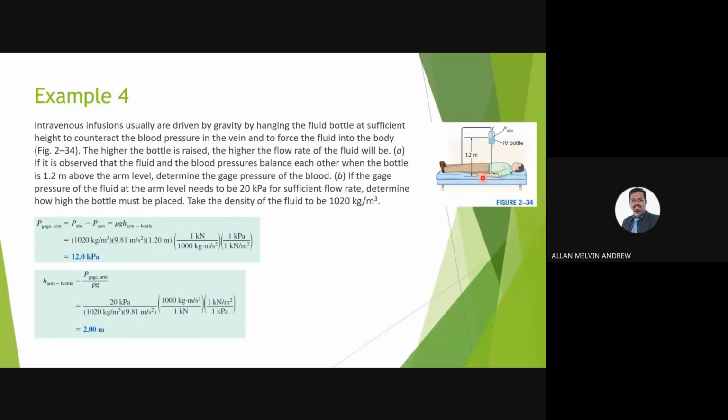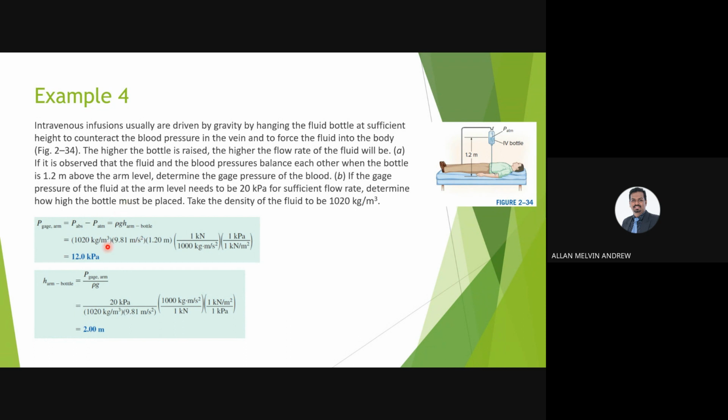We know that it is rho g h, even though it is opposite: arm to bottle. Usually we measure from top to down, but this one we are measuring down to up. When it is the opposite direction, going up, we need to minus. We will see the other example about this.